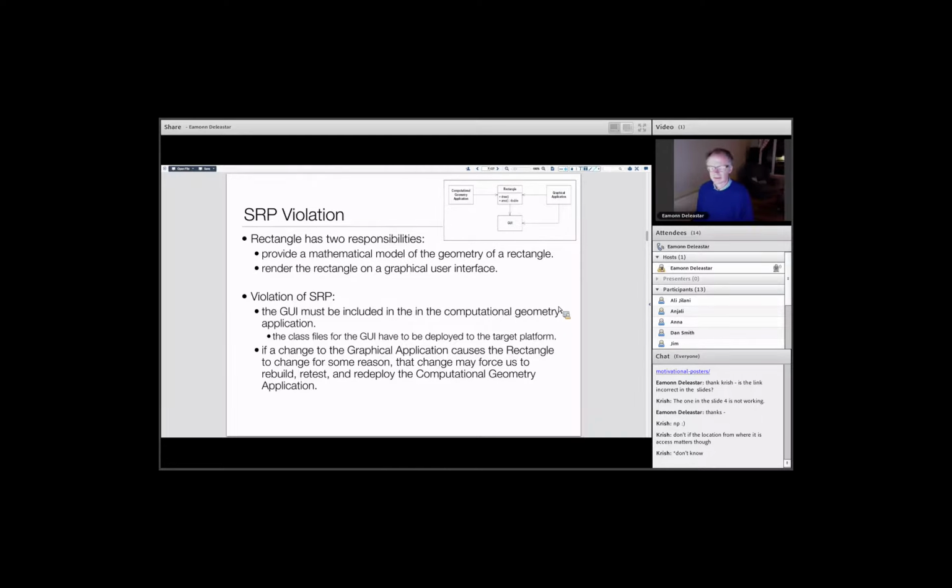And the reason for change really is the thing that SRP focuses on. If we can identify these axes of change, then we can start to uncouple class responsibilities, make them into independent classes, and thus change has a less disruptive effect. We'll see that in action shortly.